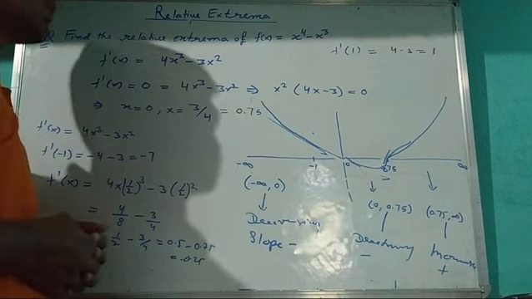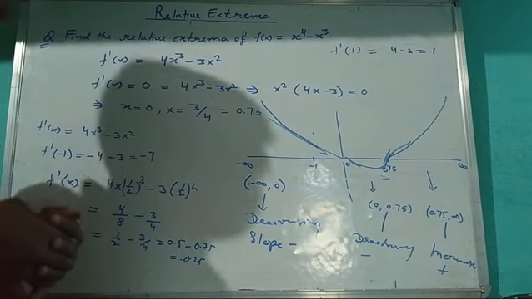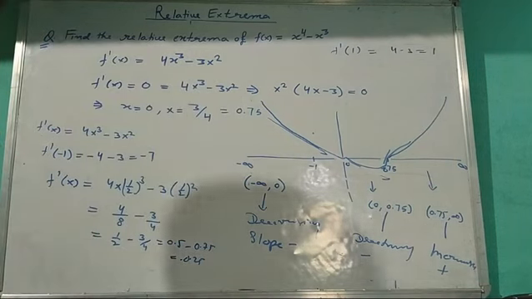Between 0 and 0.75, the function is again decreasing and the slope is negative. Between 0.75 and infinity, the slope is positive and the function is increasing.